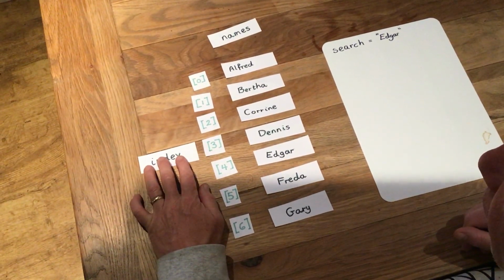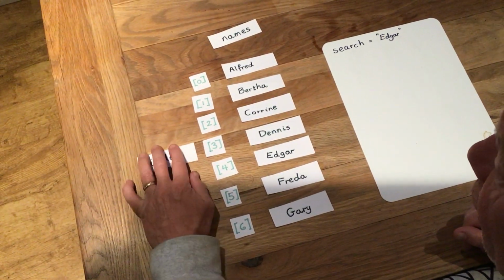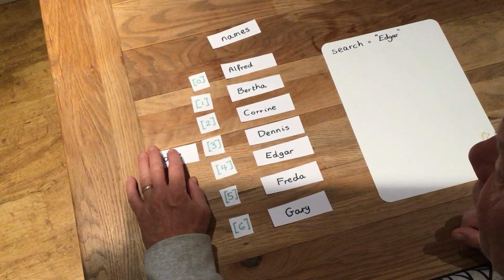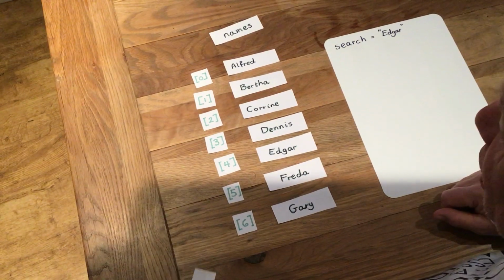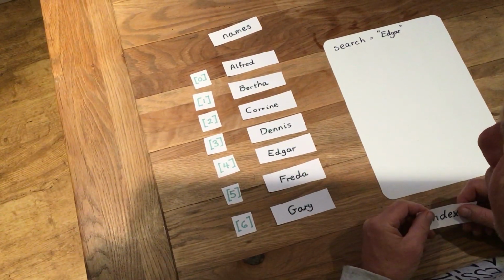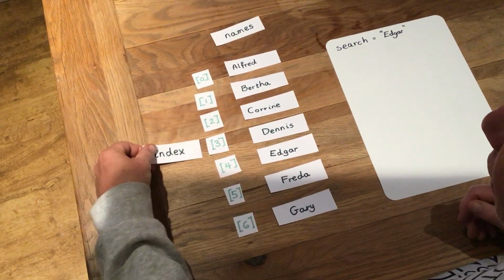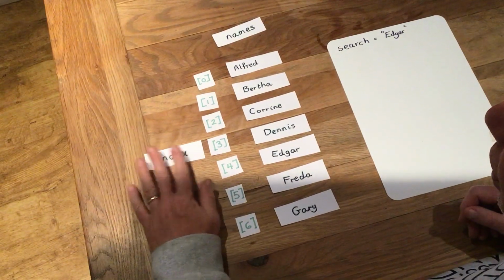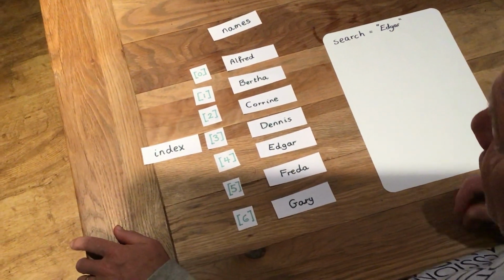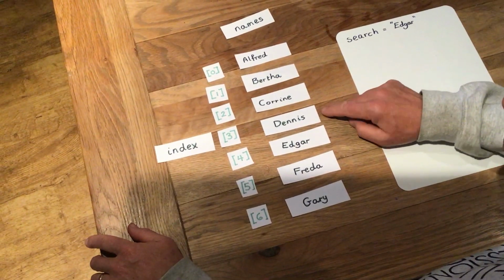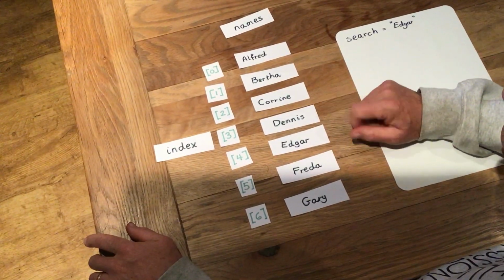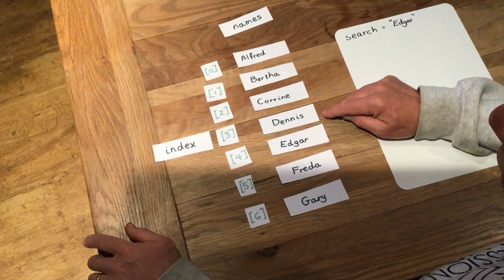And if we find that it's higher or lower in the alphabet, then we can remove that whole part of the alphabet. So let's think about how many comparisons we'll have to do to find Edgar. We'll compare the middle of the list. We find Dennis. Is Edgar further on in the list or earlier in the list than Dennis?